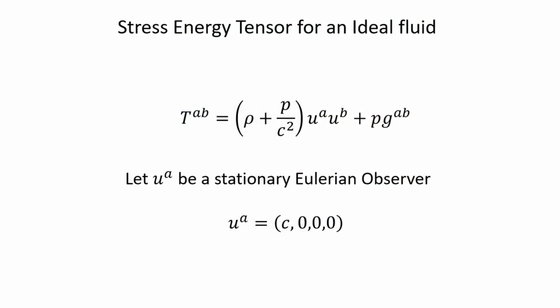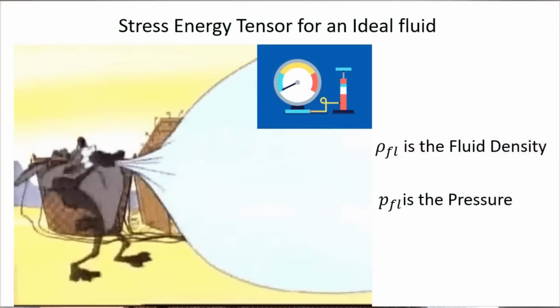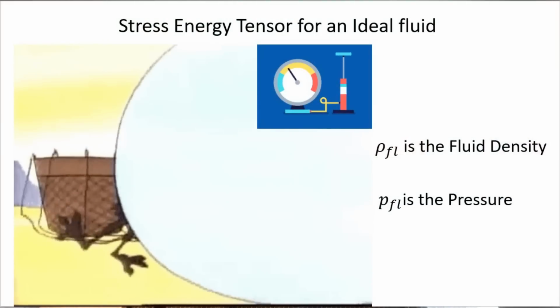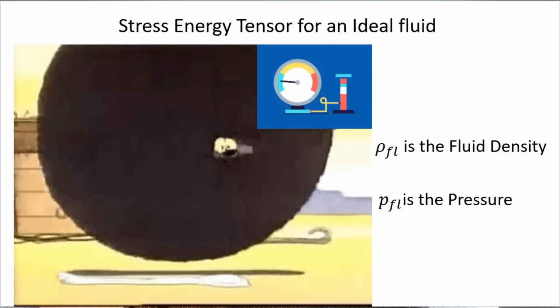The stress energy takes on this form of equation for an ideal fluid, where we have the energy density and the pressure of the fluid. Now, we can assume that we can inflate it or deflate it, just like Wile E. Coyote here can be inflated or deflated depending on how much air he pumps into a balloon.